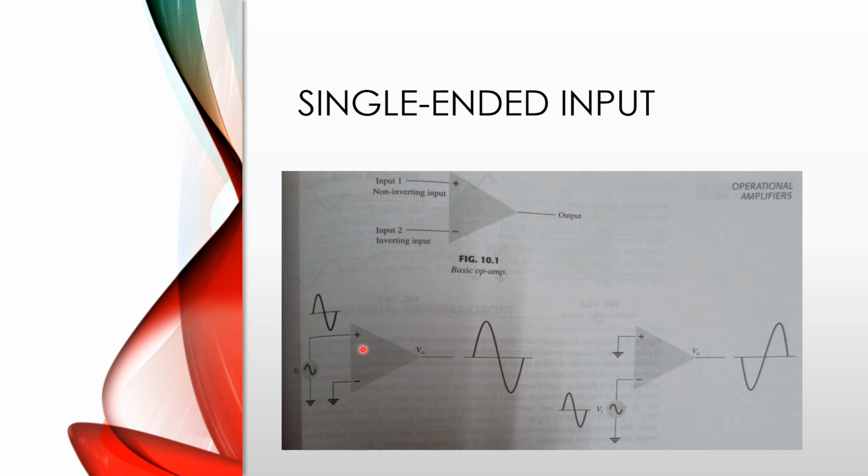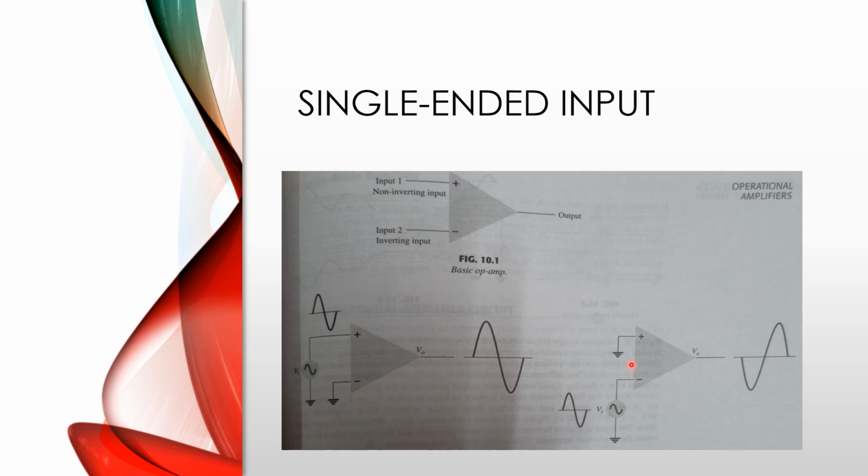In the previous class I already talked about this topic: when we apply some voltage to the non-inverting input terminal, this voltage doesn't change its sign. That means it doesn't invert the voltage. So if we apply this AC signal to the non-inverting input terminal, we get the same output at the output terminal.